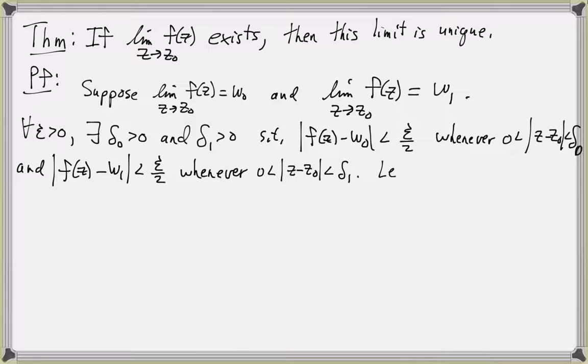So we're going to choose a delta equal to the smaller of the two, delta 0 and delta 1. So let delta equal the minimum of delta 0 and delta 1.